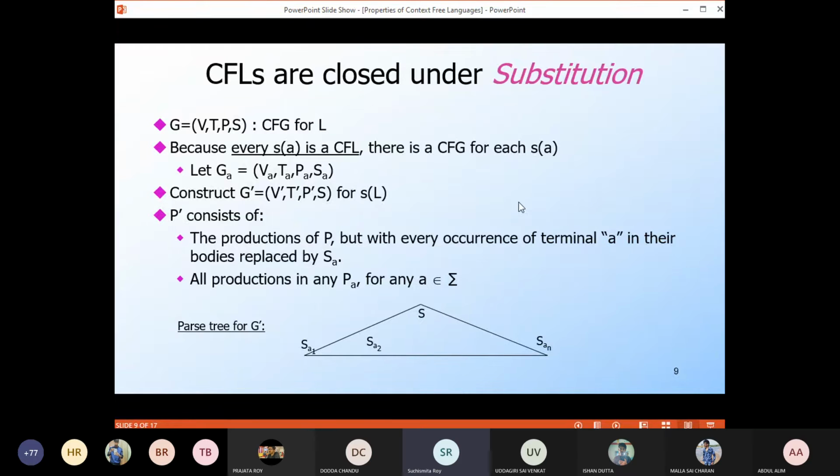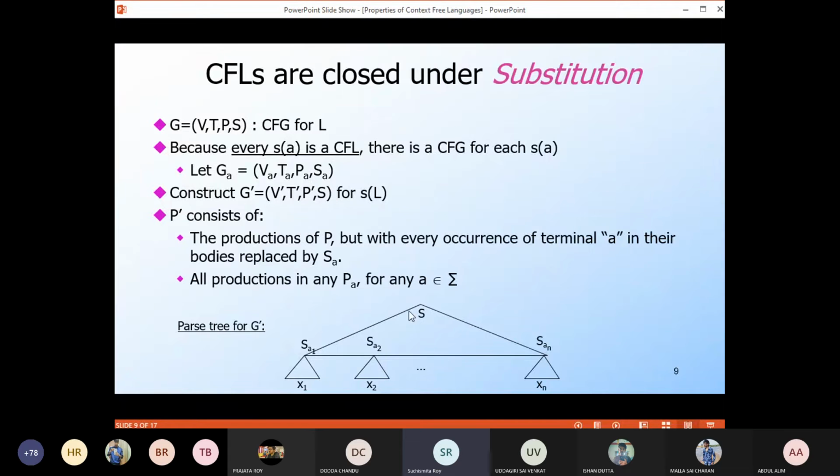And then the second part is, because you have a start symbol, you have a subtree under it which derives any string from this substituting context-free language. So this original part of the parse tree looks like this. Instead of the terminal leaf nodes, you have attached a subtree each, rooted at the start symbol for the substituting grammar.